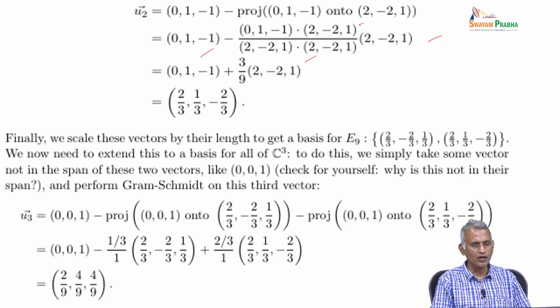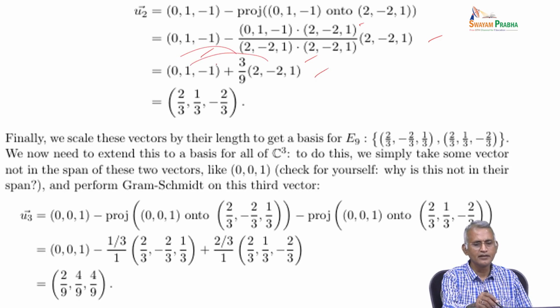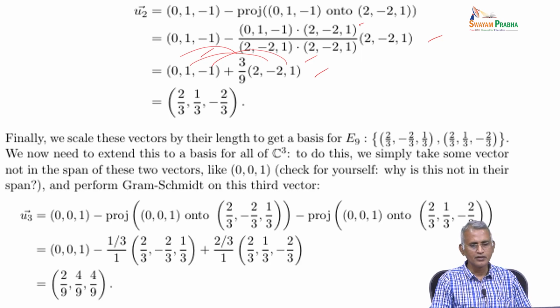We have 0, 1, minus 1 minus the dot product, 3 by 9, times 2, minus 2, 1. Then add the corresponding entries, so that we get 2 by 3, 1 by 3, minus 2 by 3. We scale this vector, and with the first one we get 2 by 3, minus 2 by 3, 1 by 3, and 2 by 3, 1 by 3, minus 2 by 3.